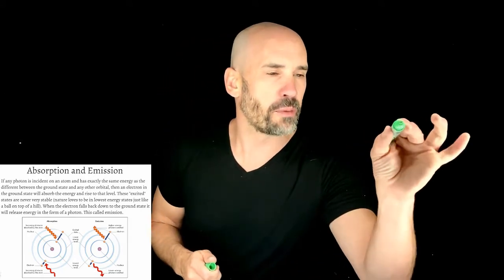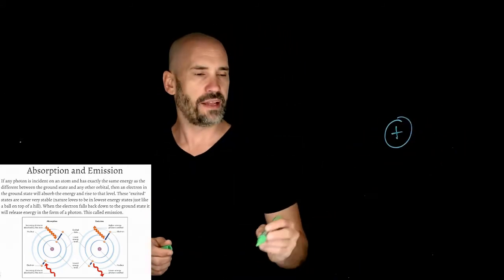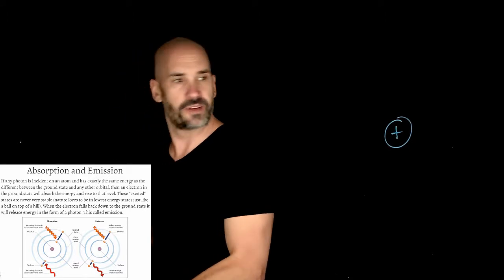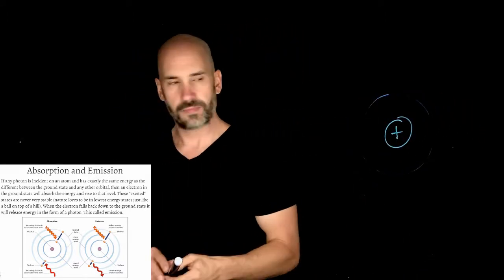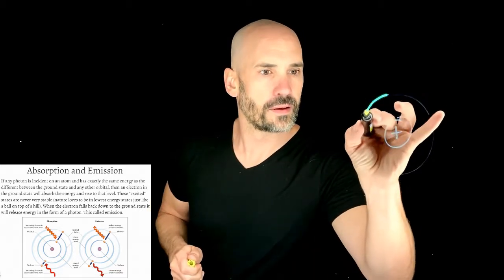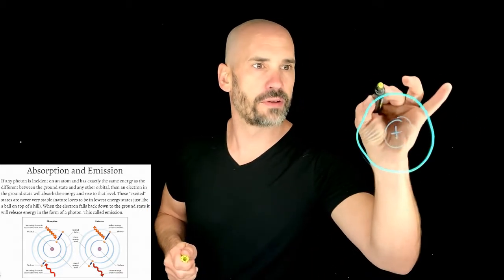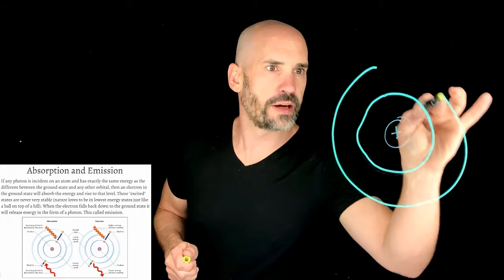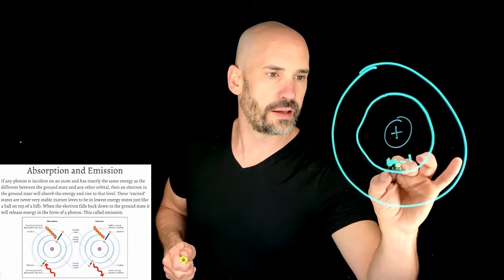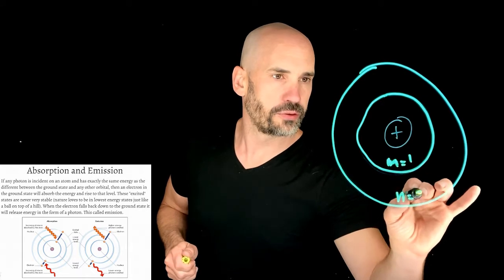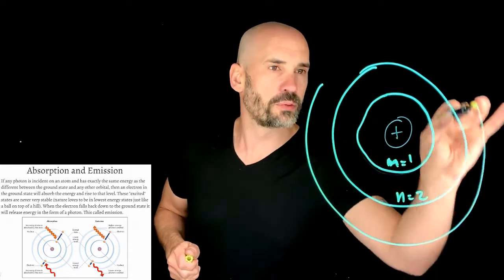So you know that you have a positive nucleus and that you may or may not have all these energy levels that surround an atom, right? You have your n equals 1, n equals 2, n equals 3.